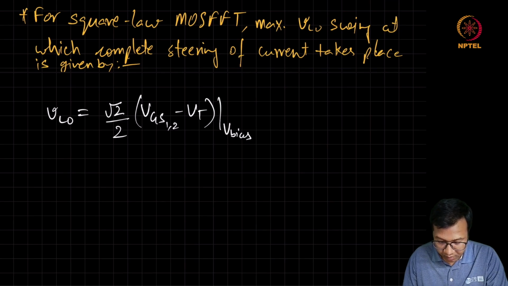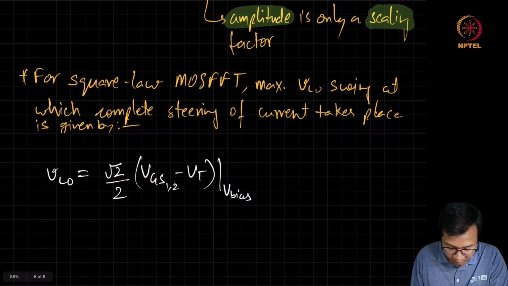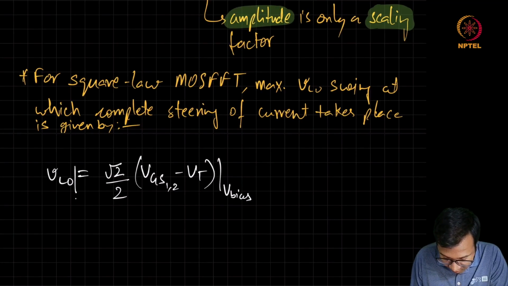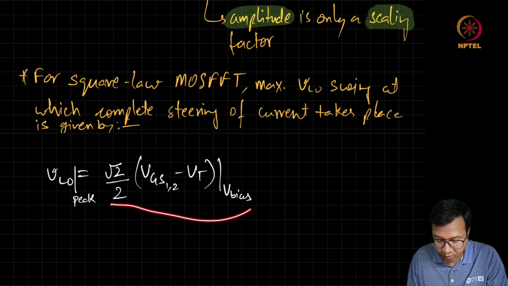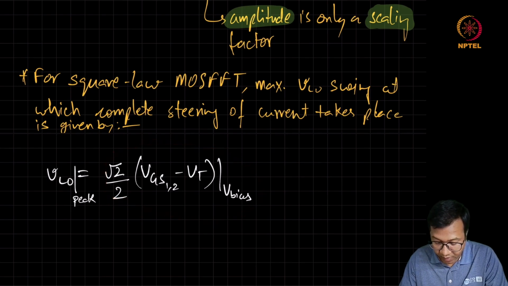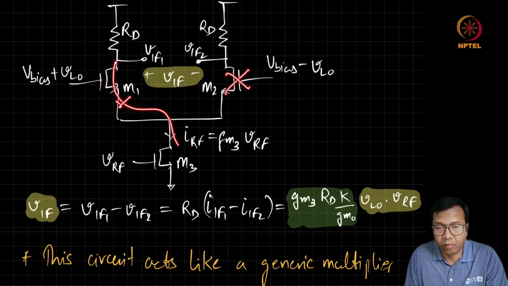What this means is if the VLO peak is equal to this value on top of the V bias, then the entire current will be steered towards M1 and M2 will be going in cutoff.